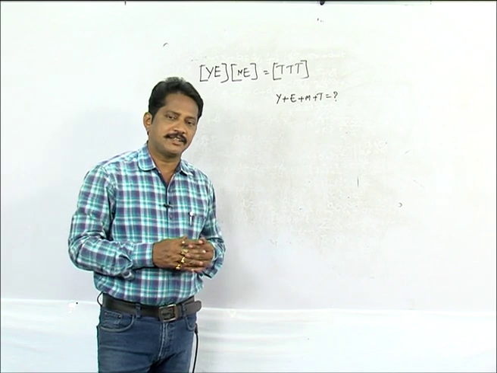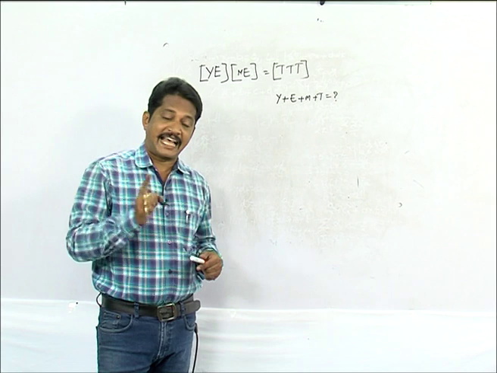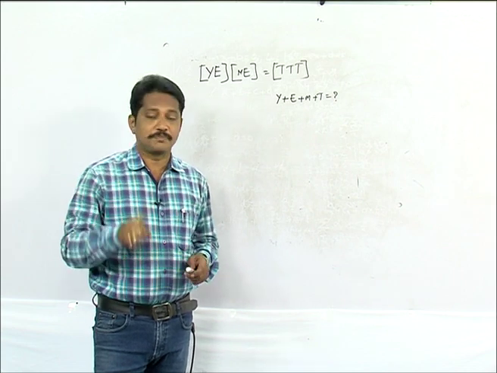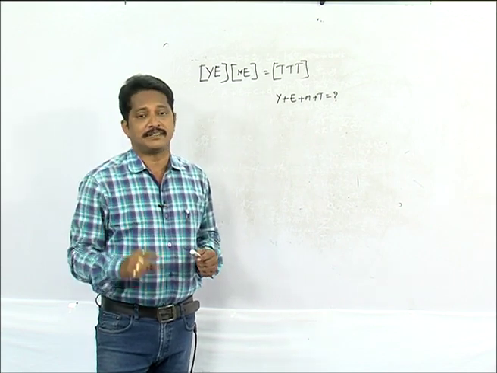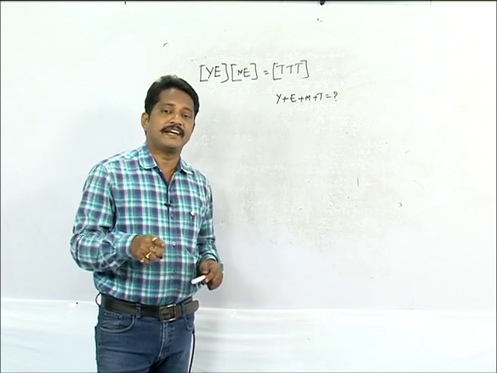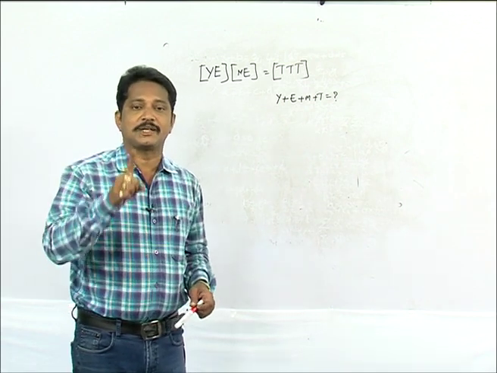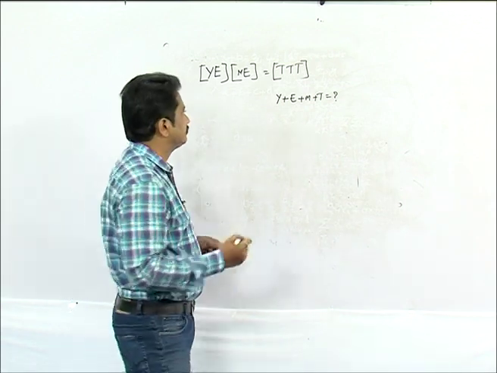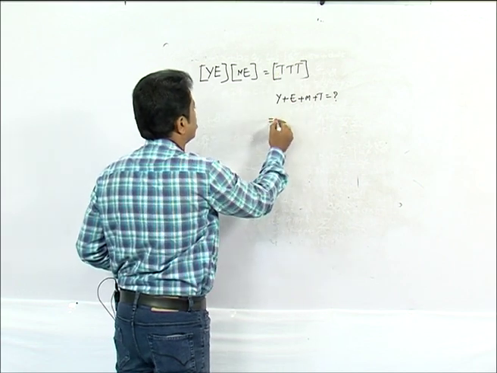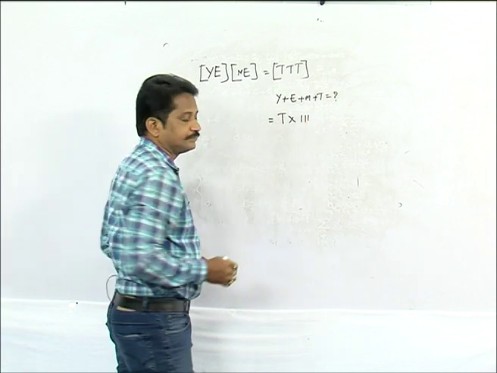Can you write it in any other format? You can write 999 as 9 into 111, 888 as 8 into 111, 777 as 7 into 111, 666 as 6 into 111, 555 as 5 into 111. Then triple T you can write as T into 111, correct?